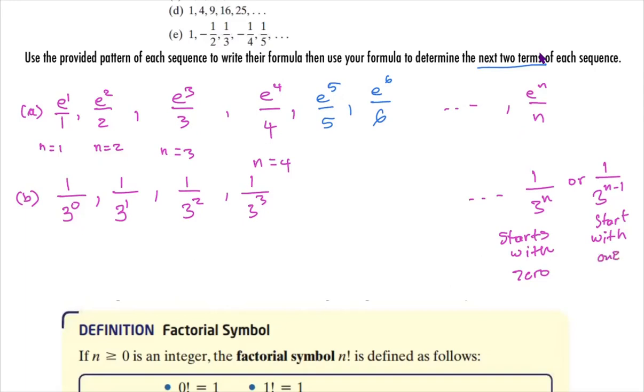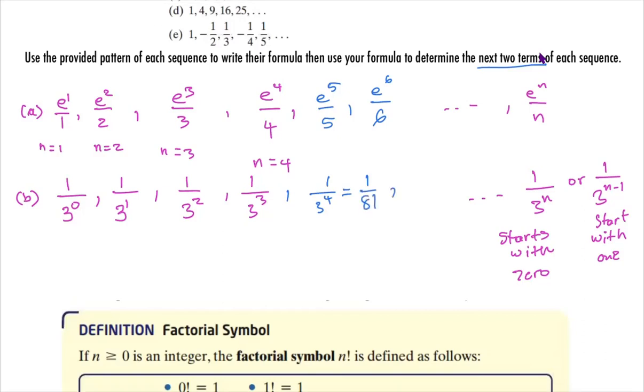Okay, so the next two terms would be 1 over 3 to the power 4, which is 1 over 81.